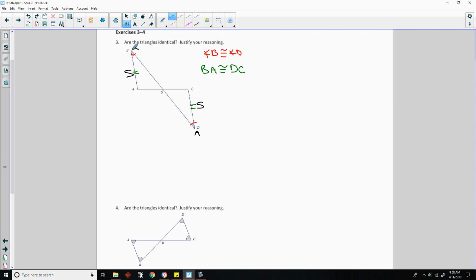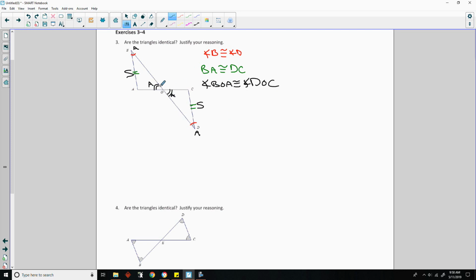And then we have a straight line here and a straight line here forming vertical angles right here. So angle BOA is congruent to angle DOC. So angle BOA is congruent to angle DOC. So that's also an angle.